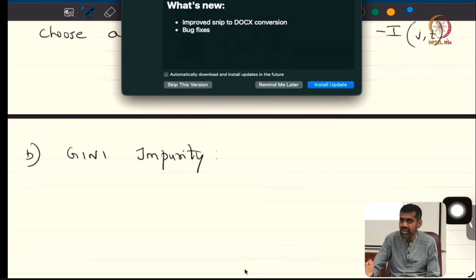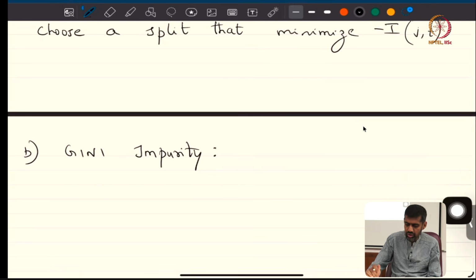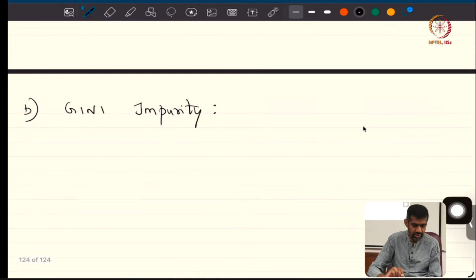So, if we can get rid of the logarithm term somehow and still get a similar effect, it is better. So, that is why people moved away from entropy and looked at a different metric. So, let us look at what Gini impurity is.